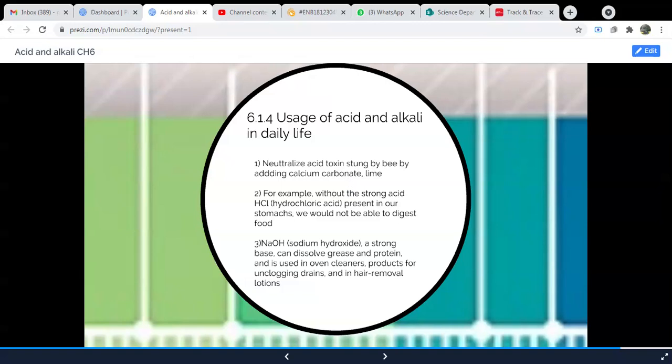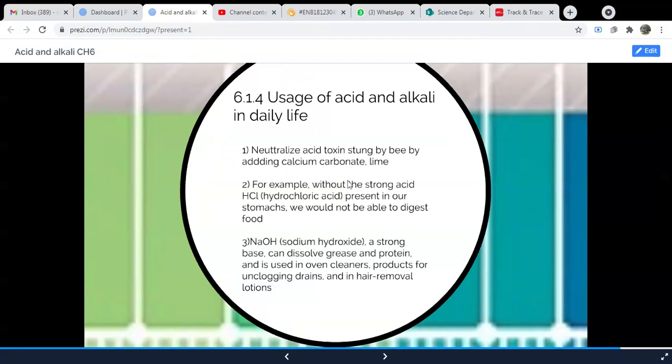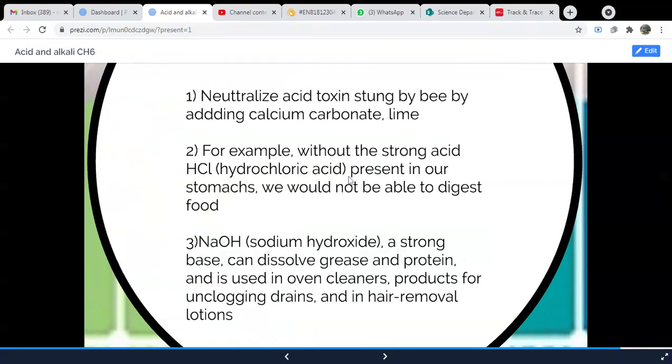The synonym for usage is application. I only listed several examples that are related to our daily life.